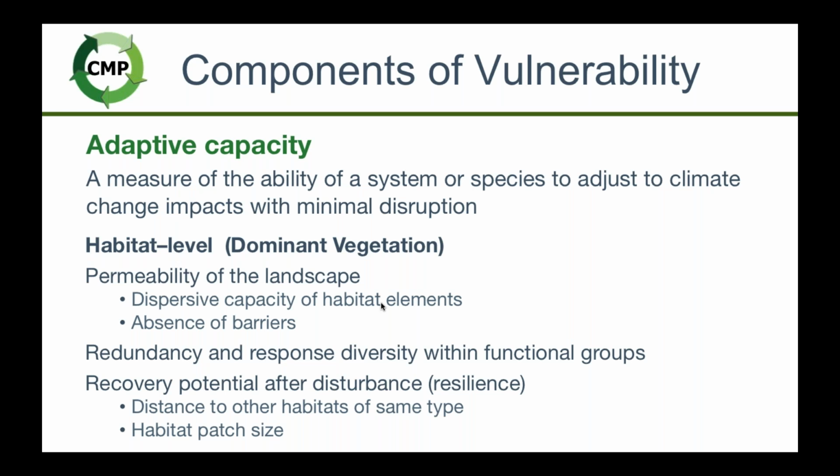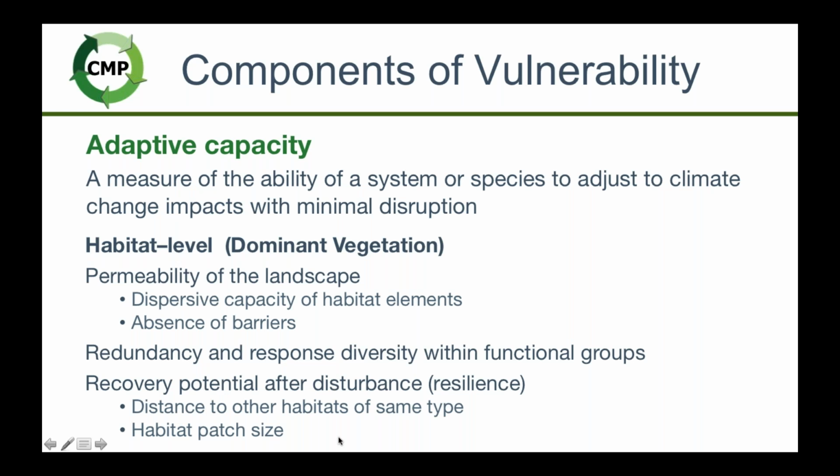Is there connectivity so that it can move? Is there an absence of barriers? Is there redundancy and response diversity within functional groups? Is there genetic diversity? And is there the potential to recover after disturbance?